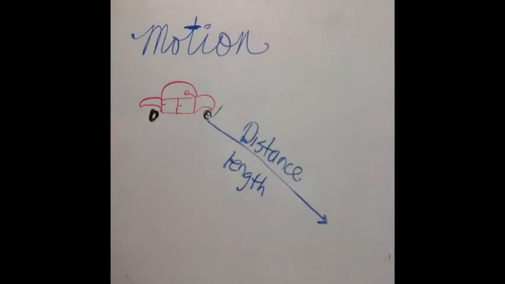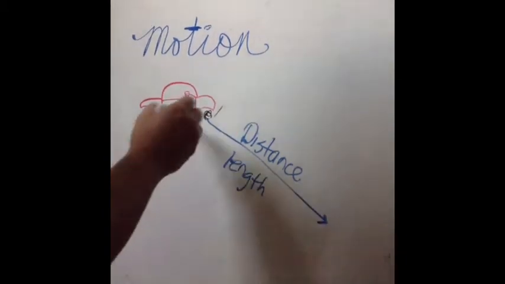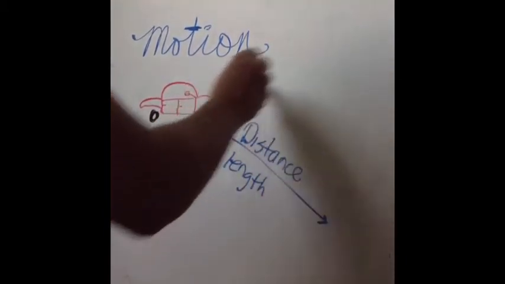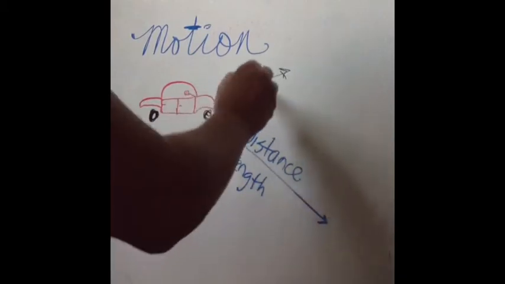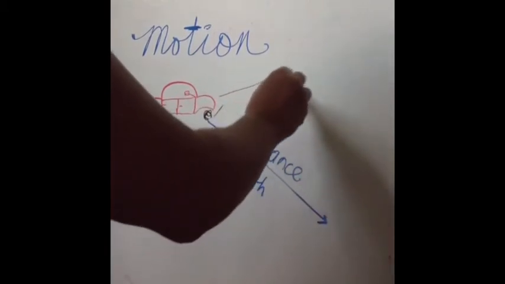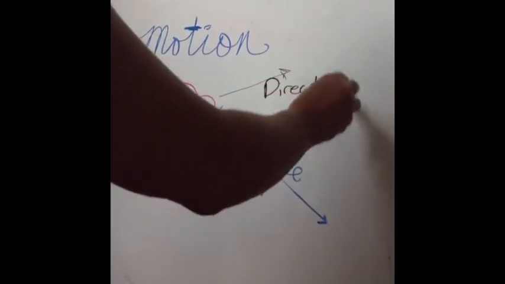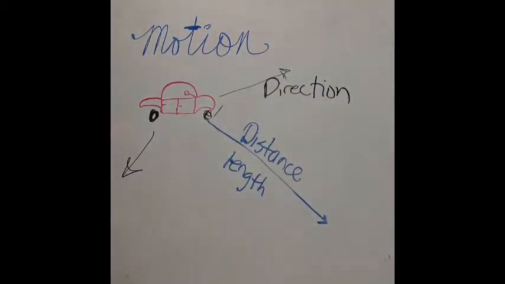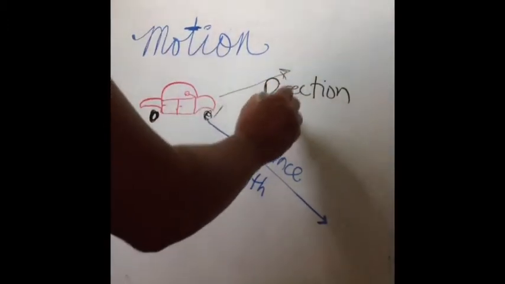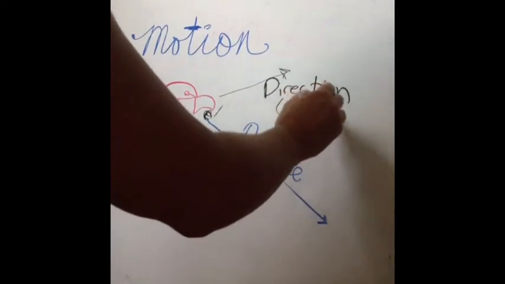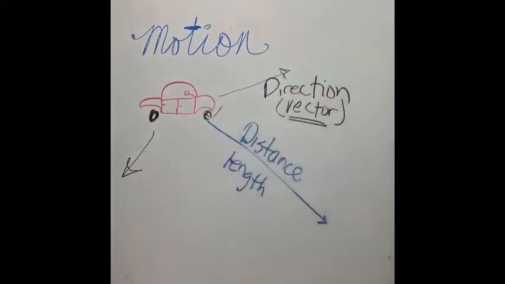And another thing that you can measure is the direction. The direction is what we call a vector. Direction. That's known as having a vector. Vectors tell us direction.